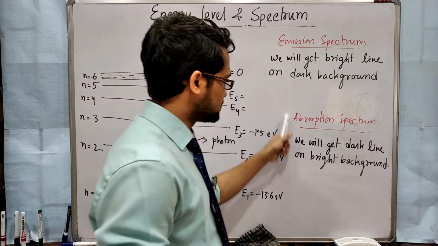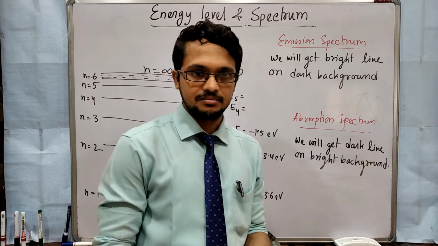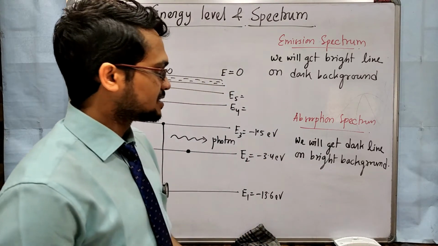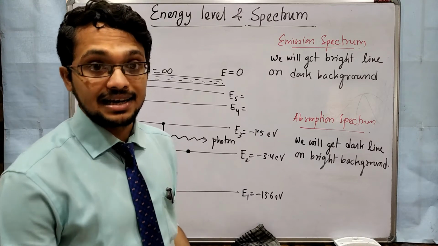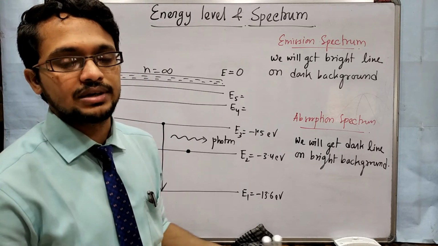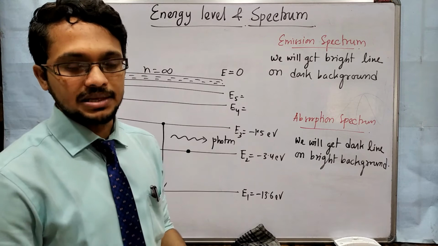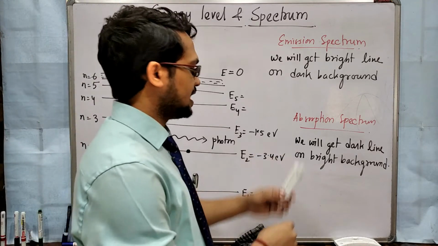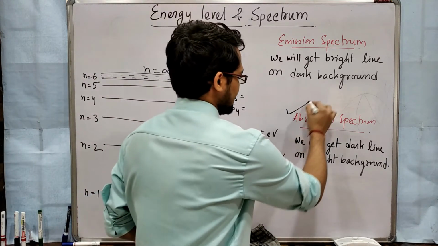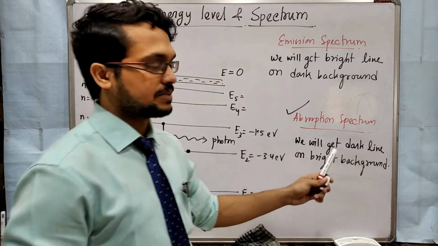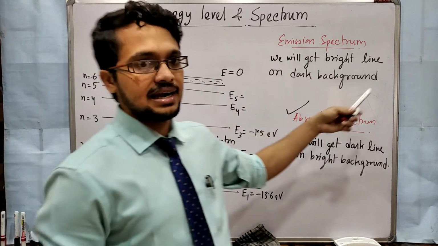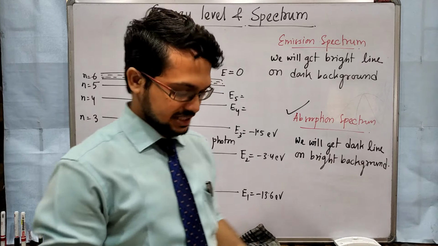Remember this point also: sometimes a question may be asked like this. Suppose you are getting a dark line on a bright background, which kind of spectrum is it, emission or absorption? It is the absorption spectrum. Dark line on bright background is absorption; bright line on dark background is emission.